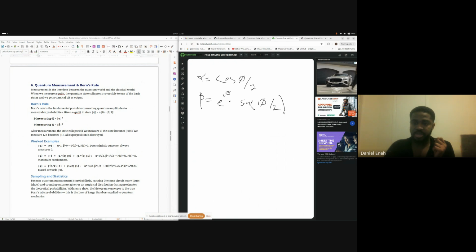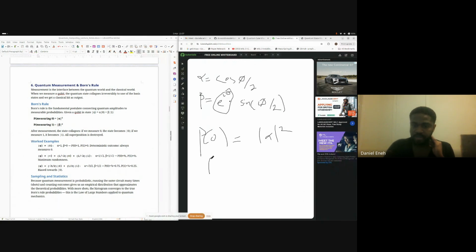But most times this phase term is negligible. So the probability of getting a 0 is always the same as alpha squared, and the probability of getting a 1 is always beta squared.